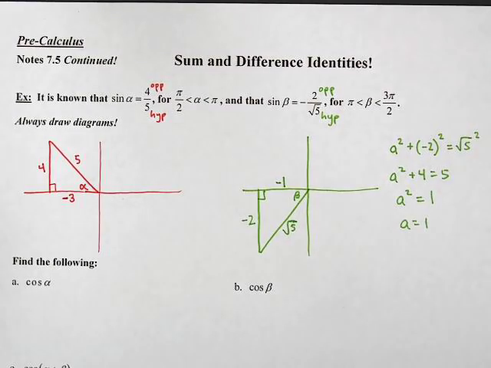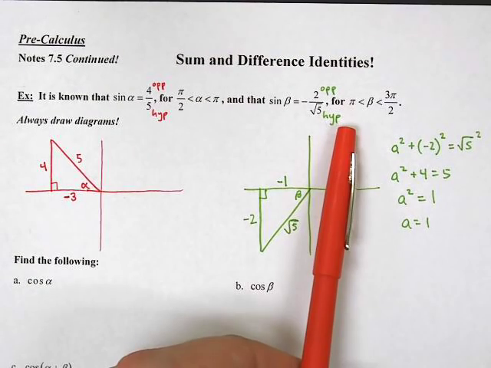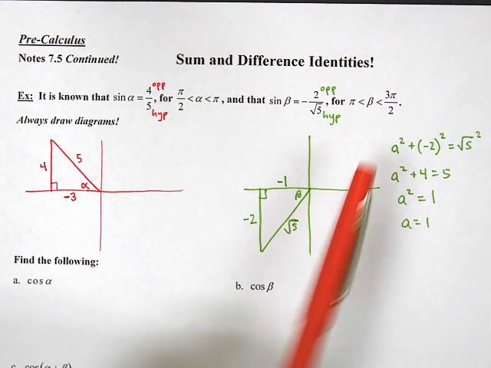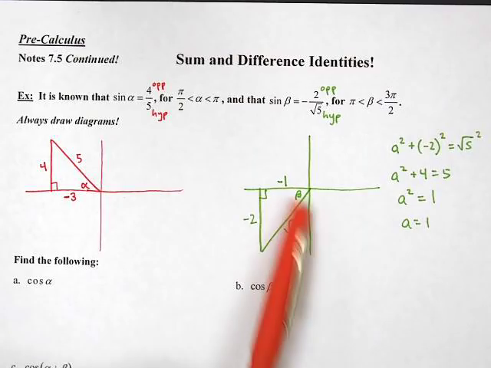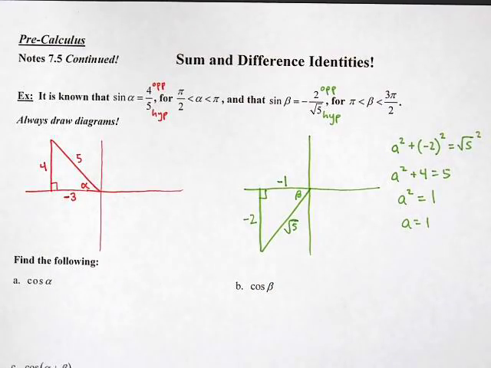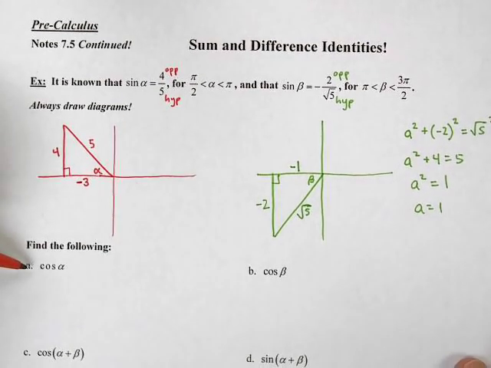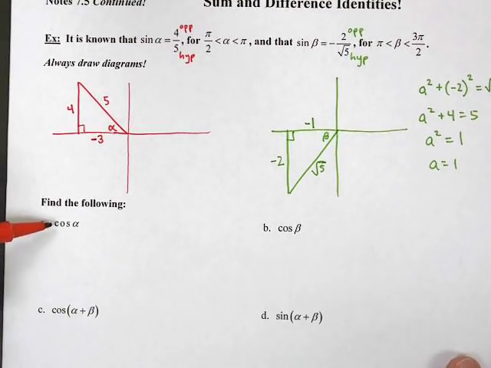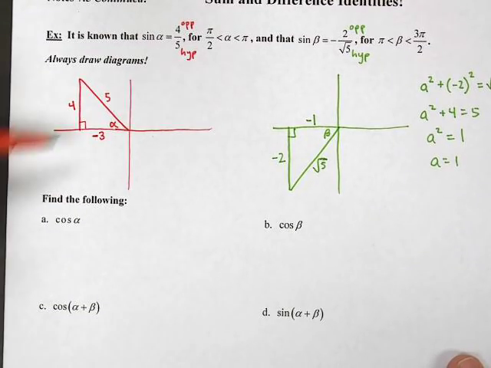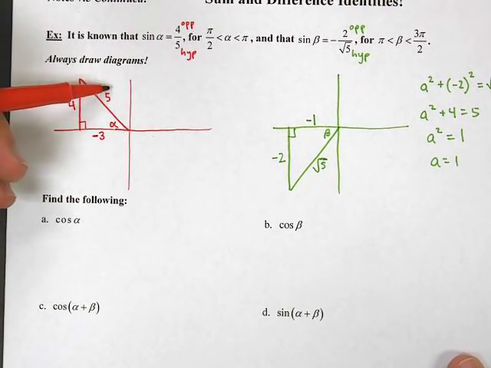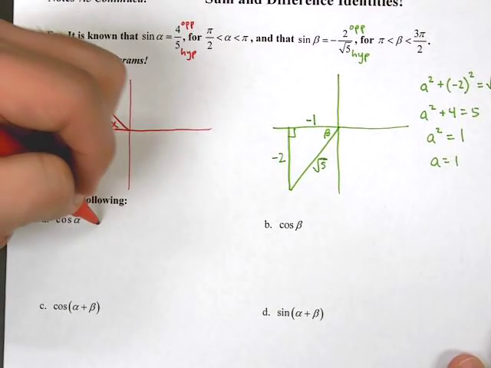So again, this is a different way of delivering you information. But now I have all 3 sides of multiple triangles, and I can figure out cosines, sines, tangents, whatever we're going to need. So let's take a look at this. Well, A is nice and easy. The cosine of alpha just means I want the adjacent over the hypotenuse. Adjacent, -3 over hypotenuse, 5.